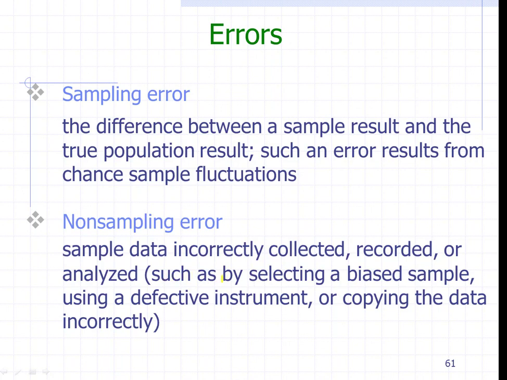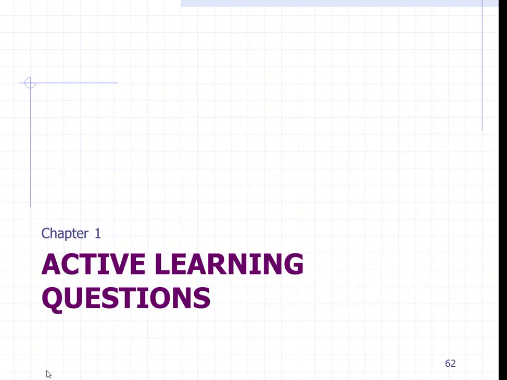If I have a police officer going door to door to interview people about drug use, I have introduced bias in my answers. Or convenience sampling introduces bias. Let's say I'm using a survey and it's a really bad survey. That's non-sampling error. Or let's say that I misrecorded some of the answers I was given. Those would be non-sampling errors, and we do our best not to make those.